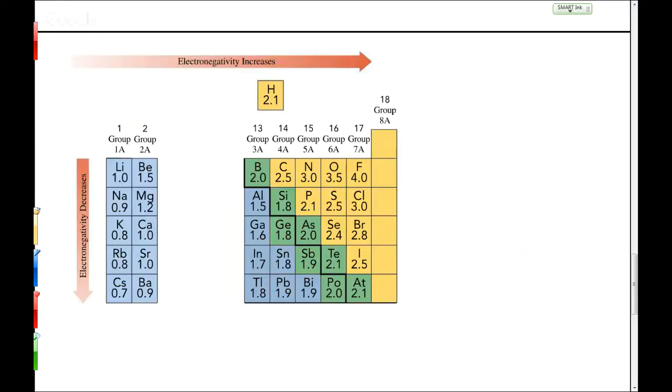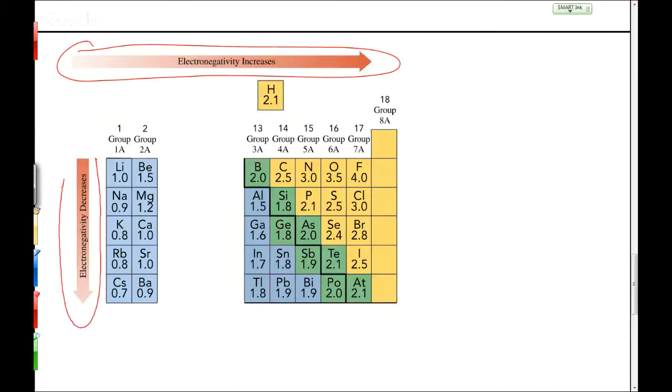So we don't even really worry about those so much because they're so low. Non-metals have variable electronegativities. And the important things to remember are these arrows. So in many cases, we can decide if a bond is going to be polar or nonpolar just by remembering the trends.